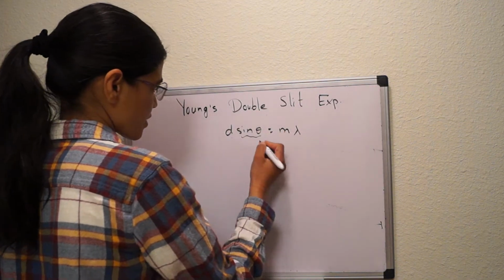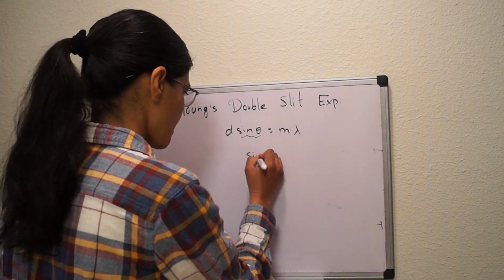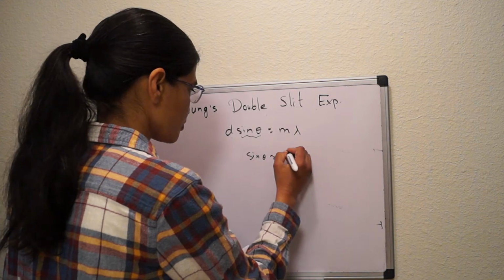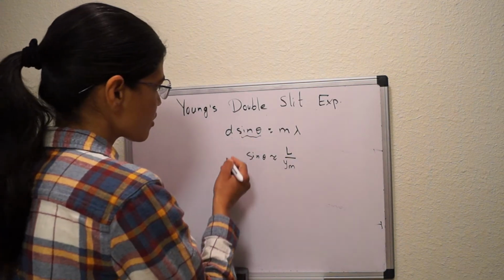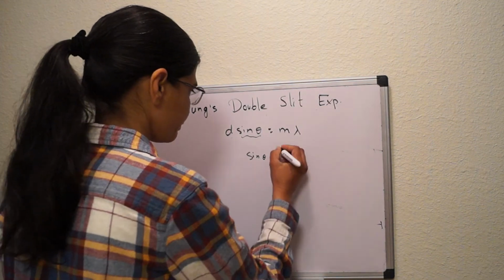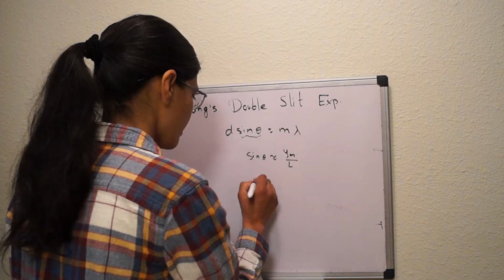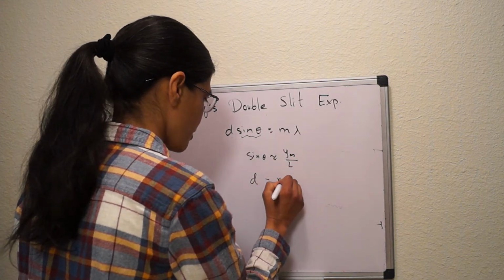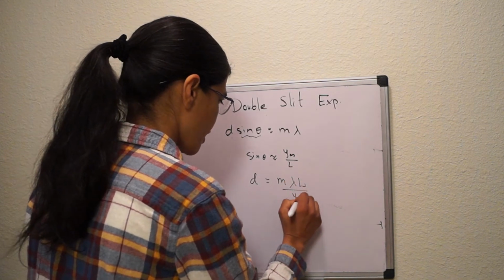sine theta was basically Ym by L, so we wrote sine theta equal to Ym by L, and then we found d equals m lambda L by Ym, right?